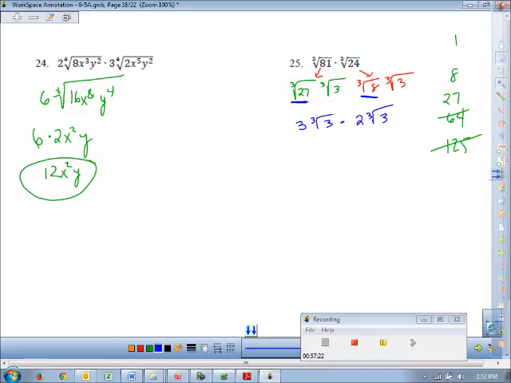With me on the 3 cube roots of 3 times 2 cube roots of 3? Yeah? And then 3 times 2 is 6.